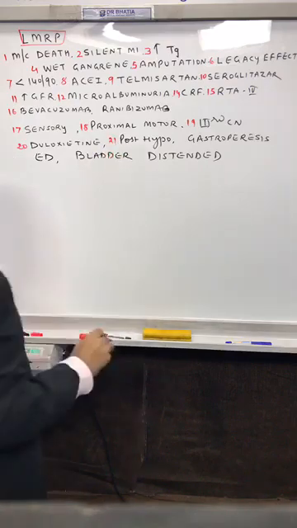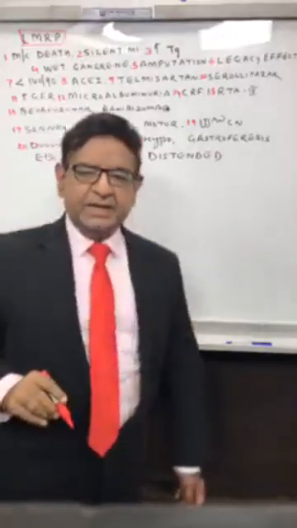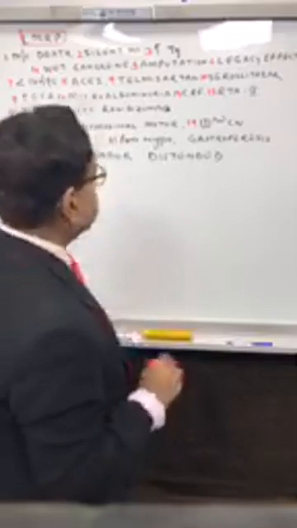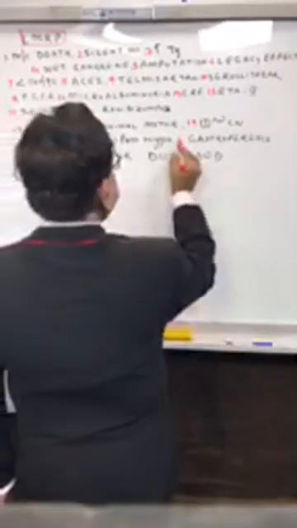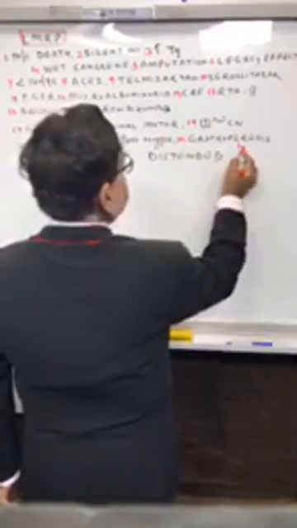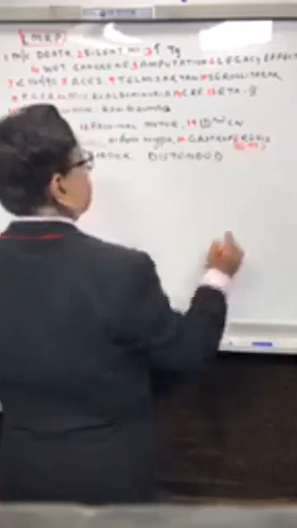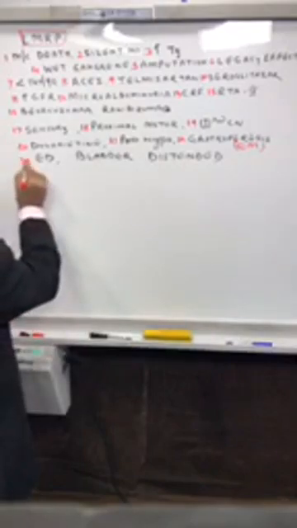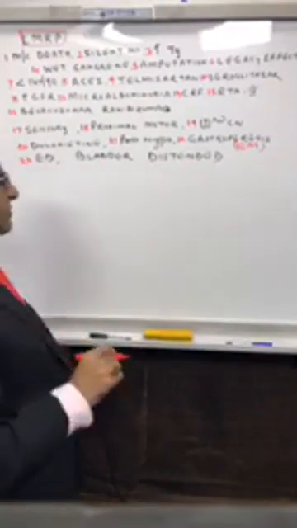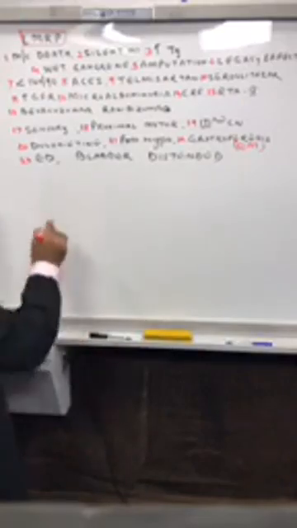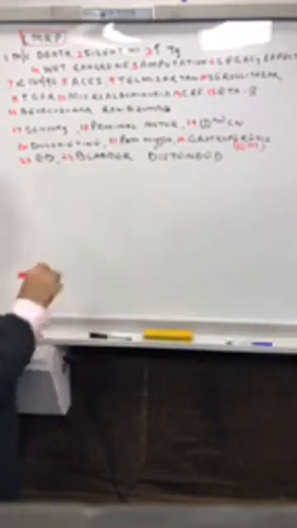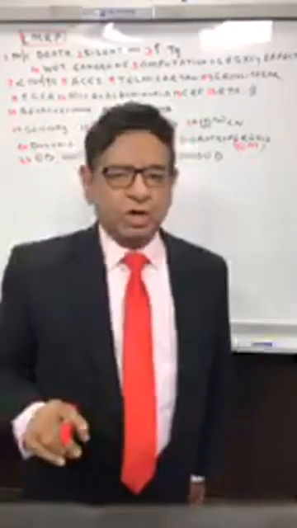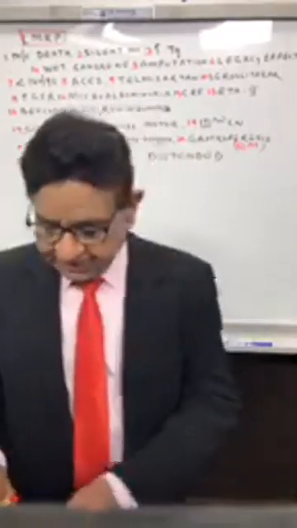Postural hypotension occurs in autonomic neuropathy. Gastroparesis occurs, which we treat by giving erythromycin, which acts on the motilin receptor. One more problem which occurs is erectile dysfunction. Bladder distension again occurs due to diabetic autonomic neuropathy.